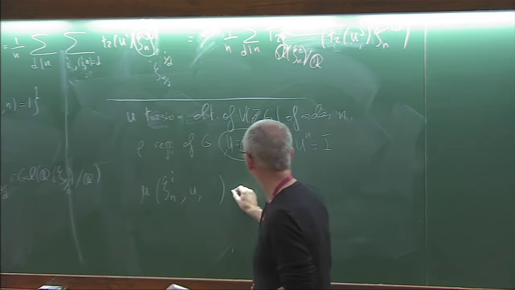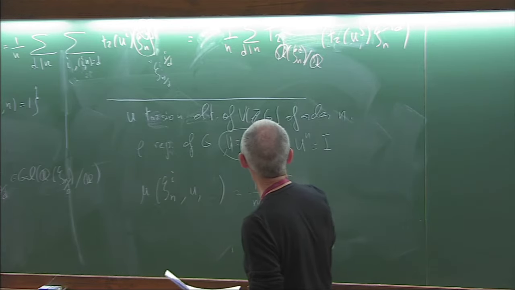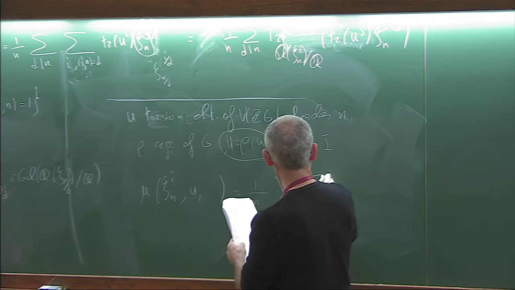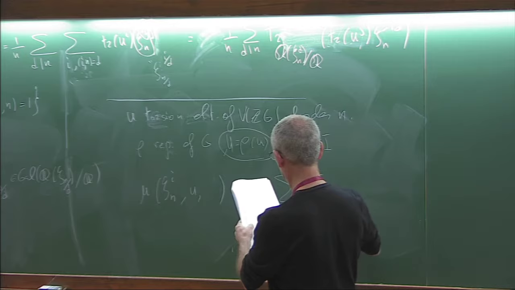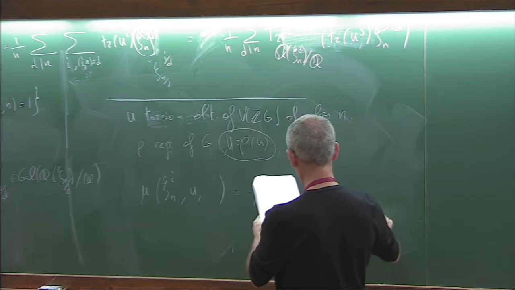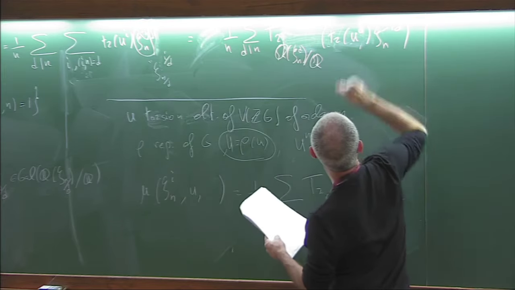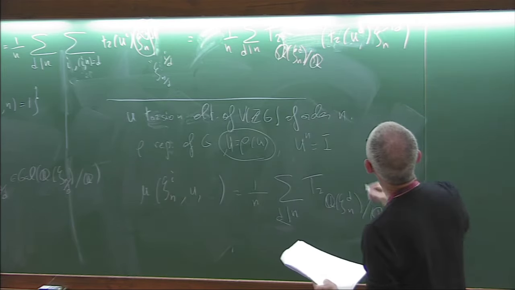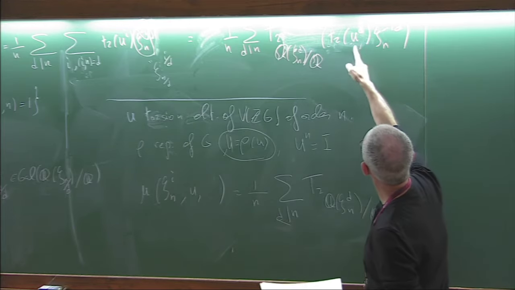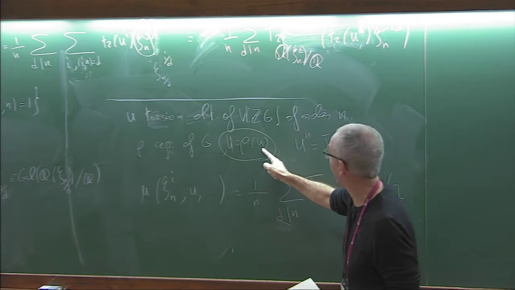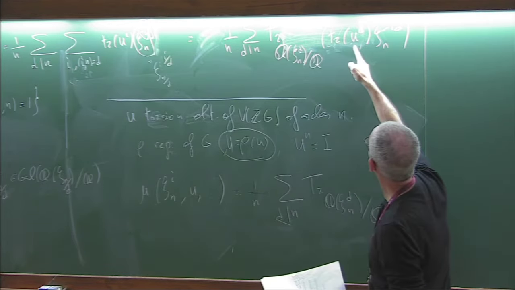And this formula tells me that this is, well, here I made a mistake. This should be D. Well, the trace of this matrix, because this matrix is the image of U, is exactly the character of U to the D.